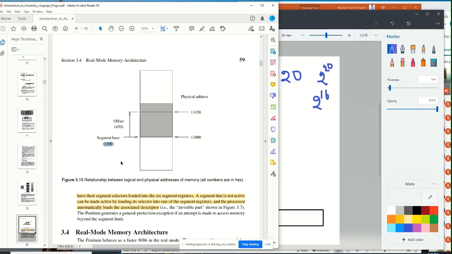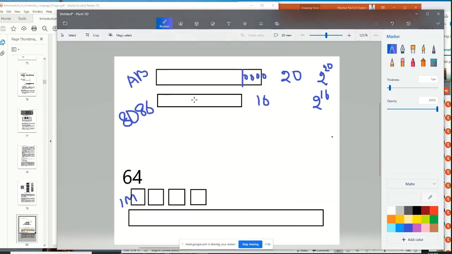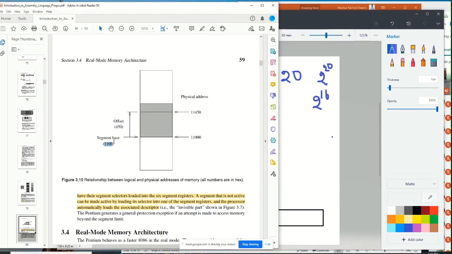And I told you these are hexadecimal numbers, and I think you remember that each hexadecimal digit can be represented by 4 binary digits, right? That's why if you convert this into a binary number, it will be 16 bits, and that is our 16-bit logical address.